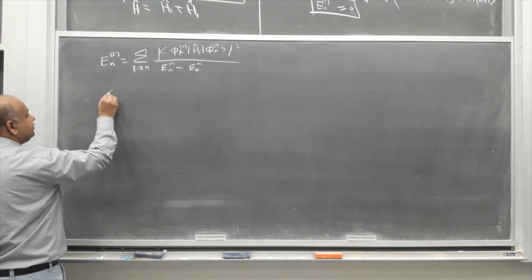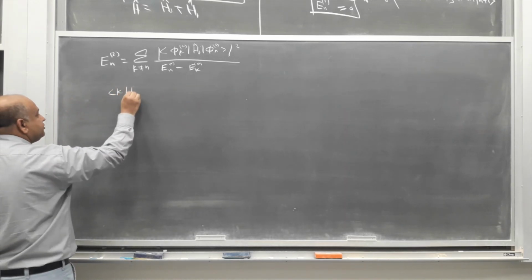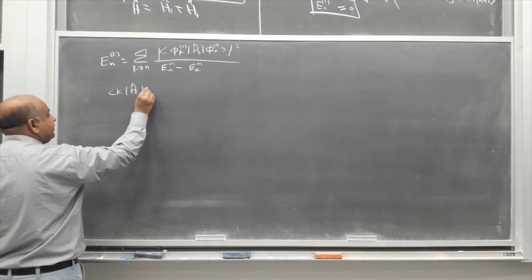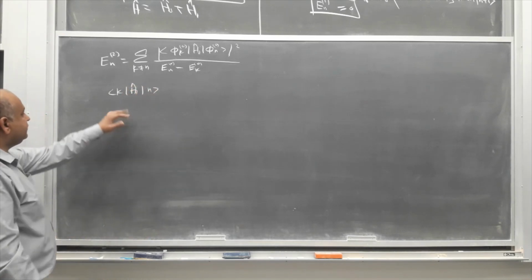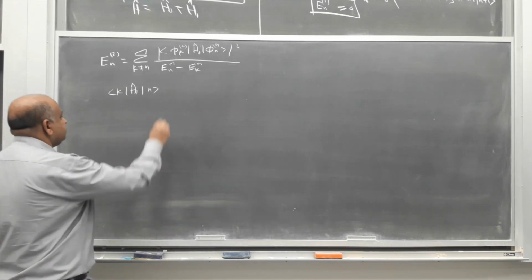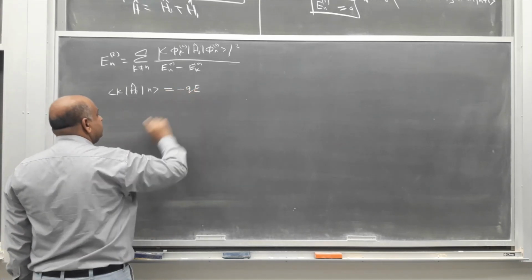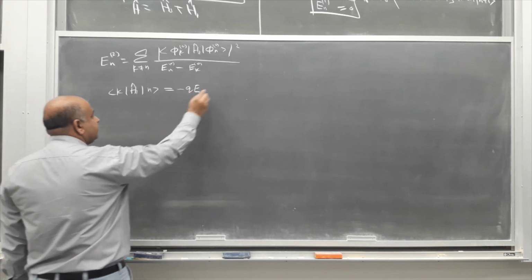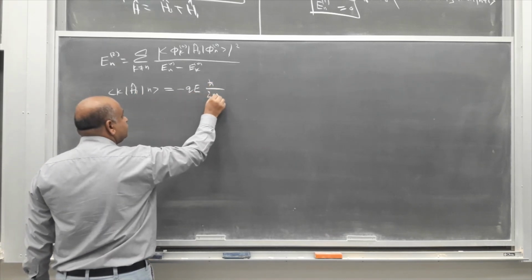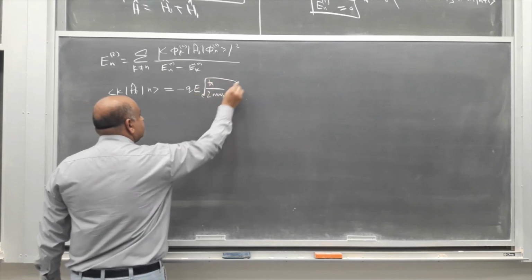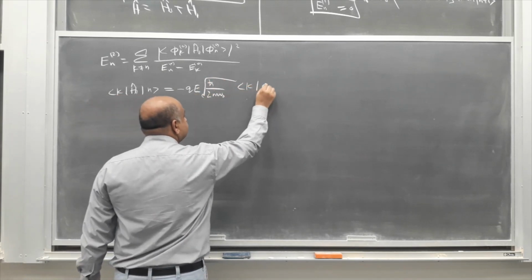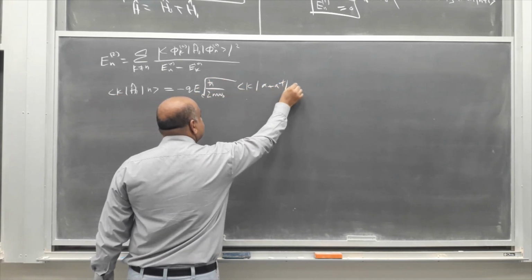φ_k is nothing but our kth numbered state, and φ_n, when we use this label, is again minus qE times x hat. For x hat, let me substitute √(ħ/2mω0)(a plus a dagger).